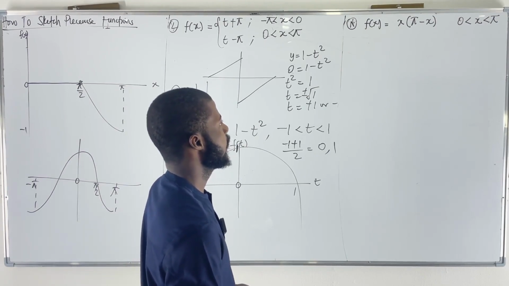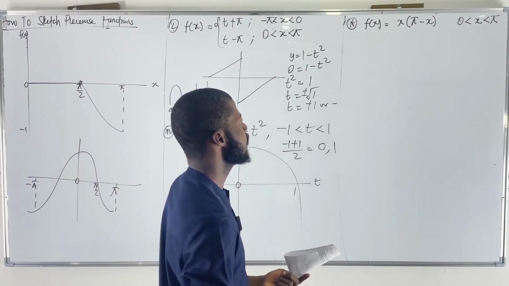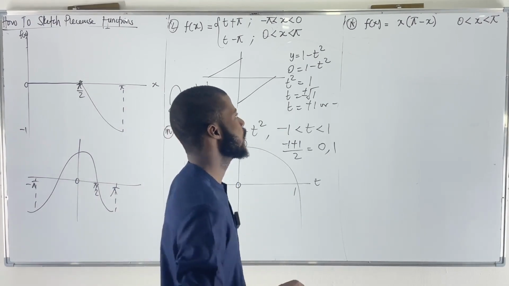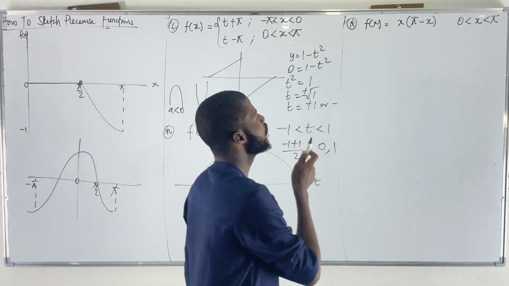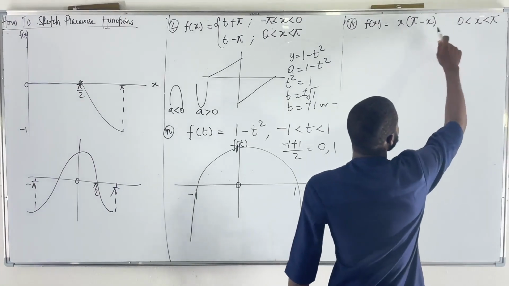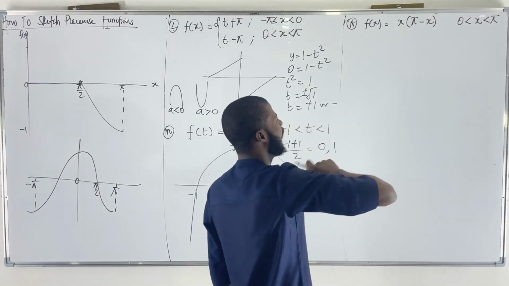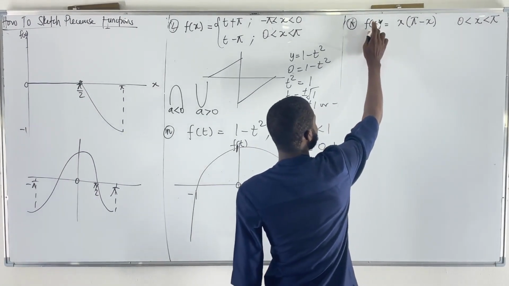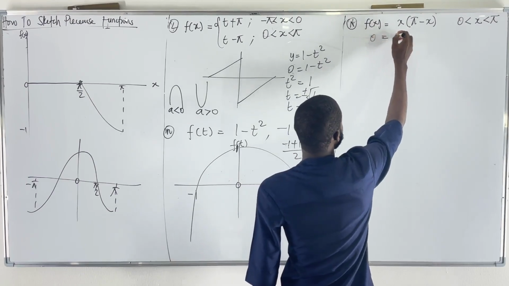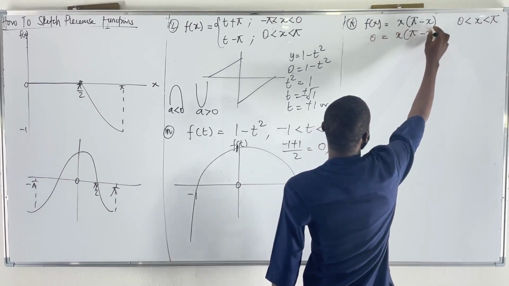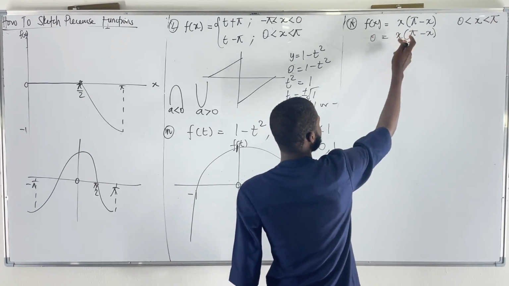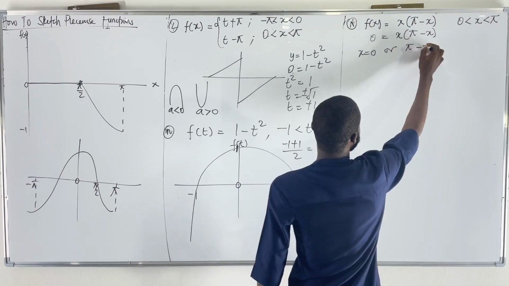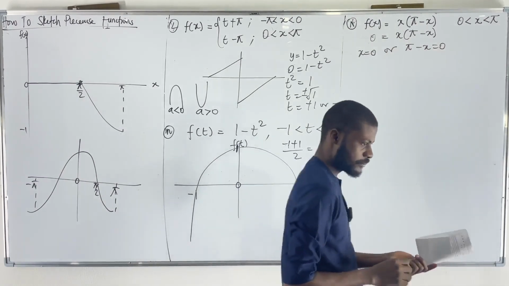Okay, now the thing is, you just have to know what you should do at some point. So I want to put in my 0 and my pi. Or better still, this is normally y, so this is 0 equal to x into pi minus x. Any of them could be 0. So x is equal to 0, or pi minus x is equal to 0.